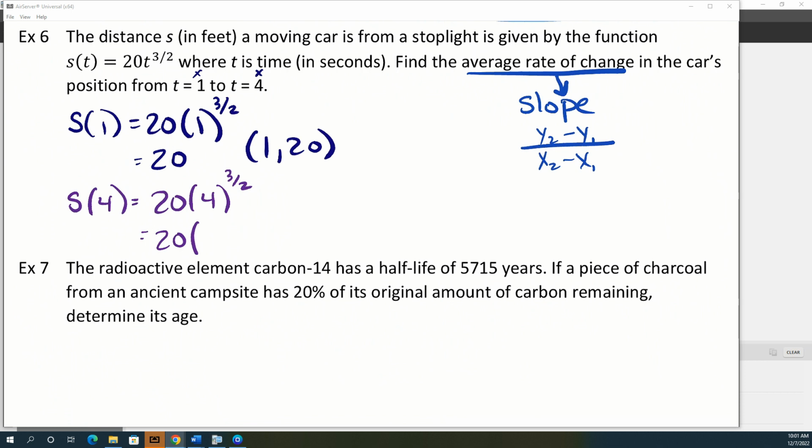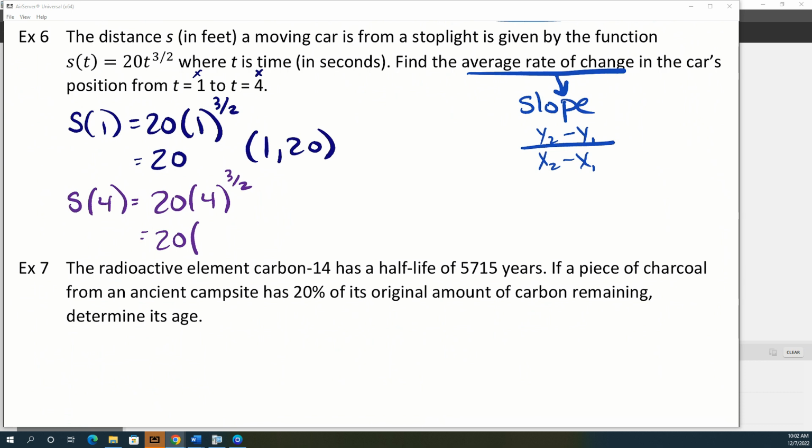So when we plug in 4, it's a little bit more difficult. What does it mean to raise something to the 3 halves? What does it mean to raise something to the 1 half? Square root. So we do the square root of 4, which is 2. And then what do we do with it because of that 3? You don't multiply by 2. What does that 3 tell you to do to it? Cube it.